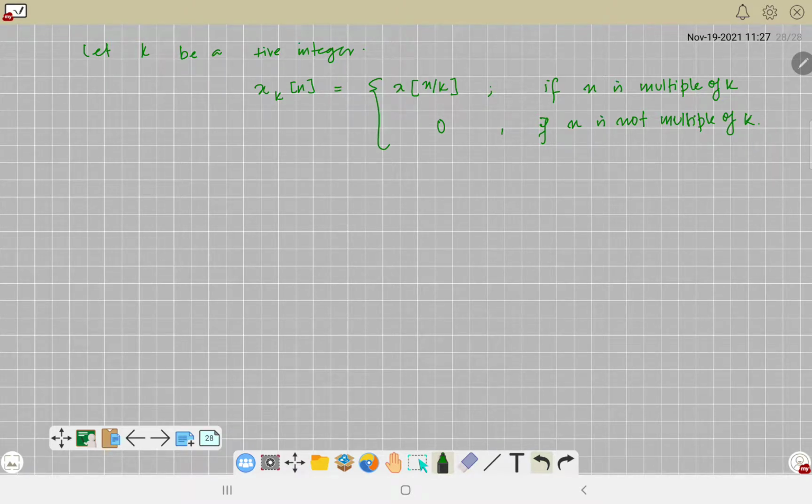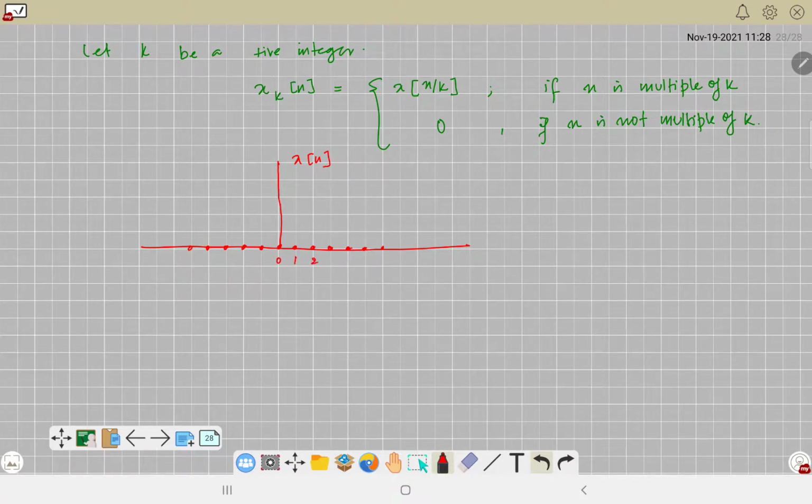As an example, in terms of a waveform, let me directly draw it. Suppose I have a signal x of n, defined for some points 0, 1, and similarly on the negative time axis.